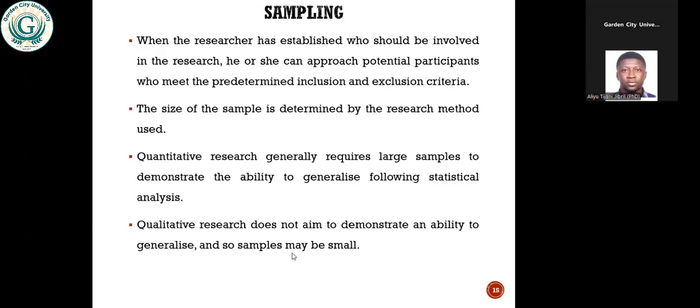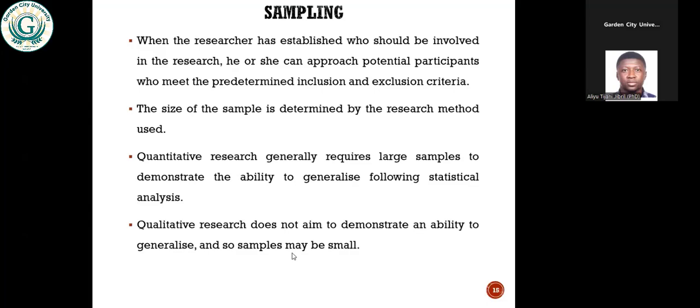Now, you can use a computer to generate any random starting point, or you can pick one number from those numbers that are already in the hat. So assuming that you pick, let's say, number 17. And when you calculated the interval from the 2,000 by 200, you had 10.